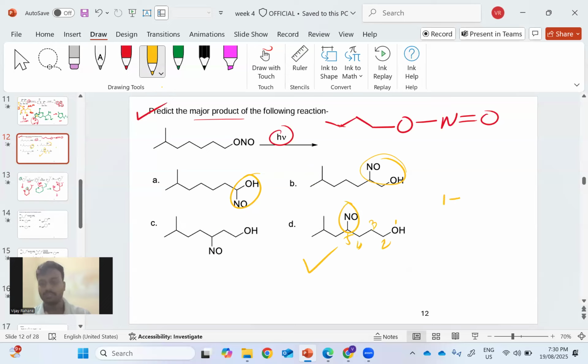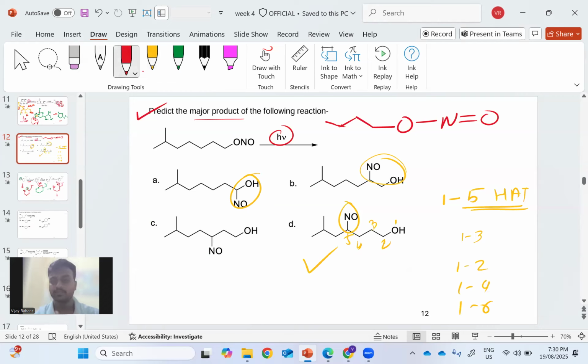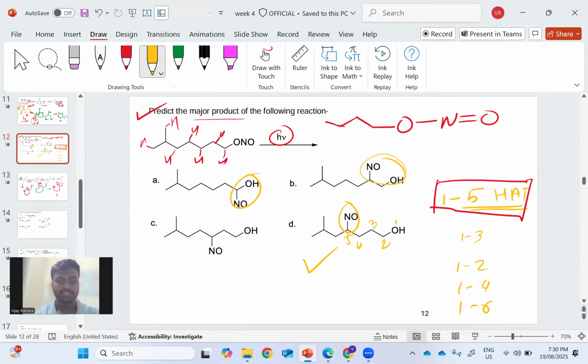because of the 1,5 hydrogen atom transfer, is the most favored hydrogen atom transfer compared to whether it is 1,3 or 1,2 or 1,4 or 1,6. That is what you need to understand from this one. Because if you look at the structure, here is also hydrogen, here is also hydrogen, here is also hydrogen. So there are too many hydrogens possible, but only the hydrogen at the 1, 2, 3, 4 and 5 position is the preferred hydrogen.